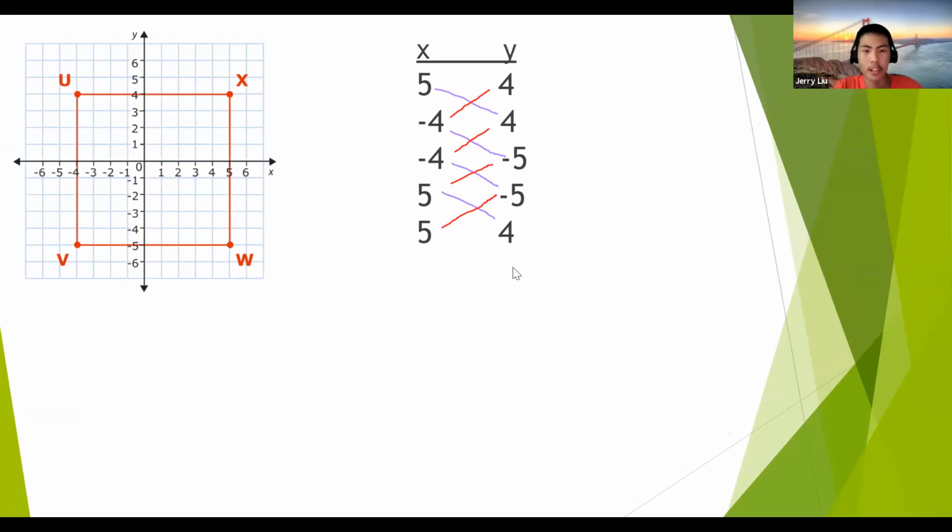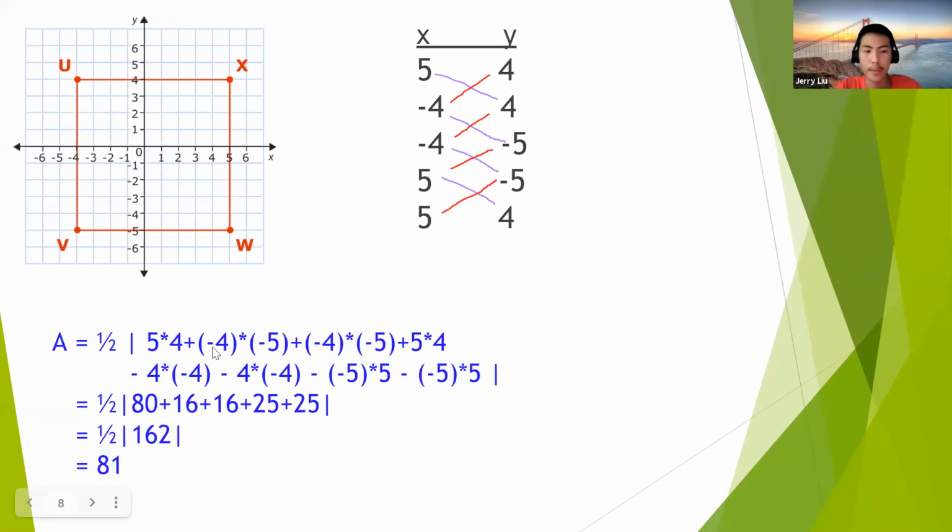And we would evaluate. So here is 1/2 times 5 times 4 plus -4 times -5 plus -4 times -5 plus 5 times 4 minus 4 times -4 minus 4 times -4 again, and then minus 2 times 5 times -5. So this would sum up to 1/2 of 162, which is equivalent to 81.